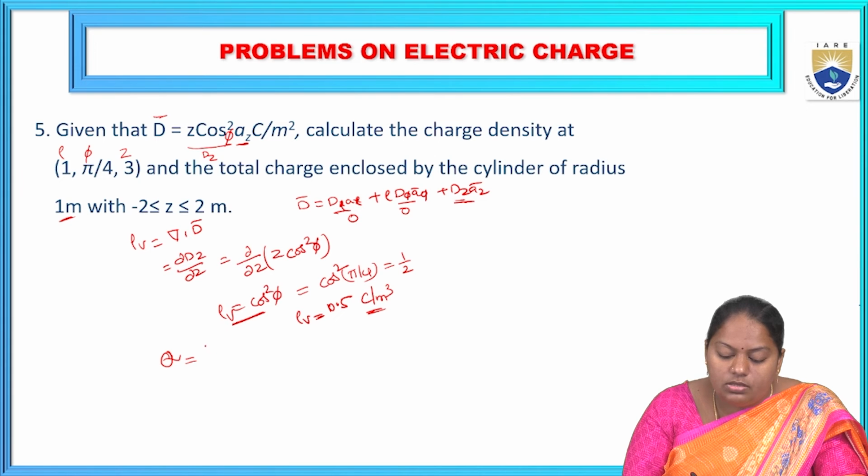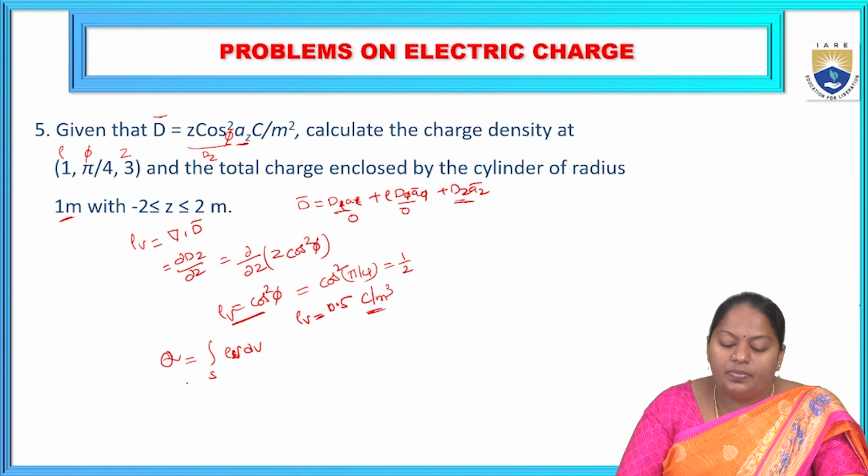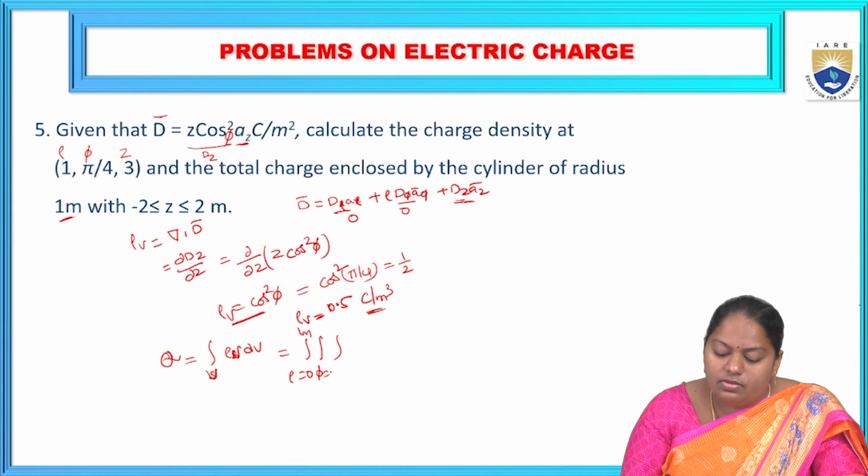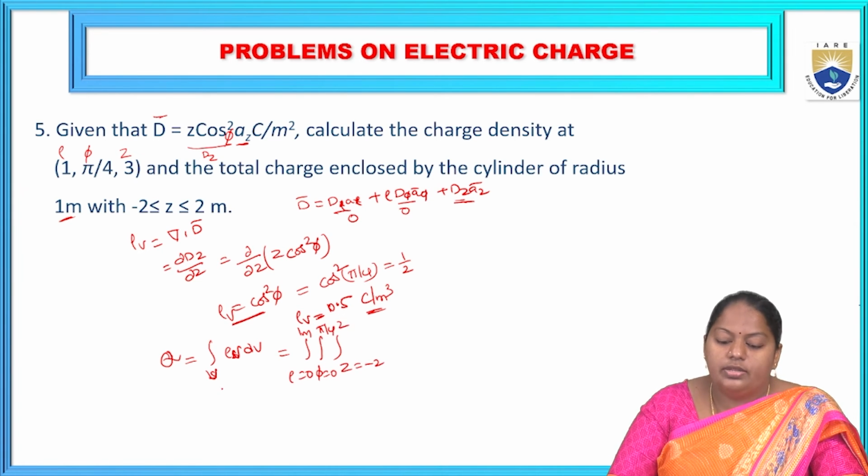Then Q is equal to the integral over V of rho v dV, that is the formula. So this is equal to the triple integral over V, where rho is equal to 0 to 1 meter, phi is equal to 0 to pi by 4, and z is equal to -2 to 2.